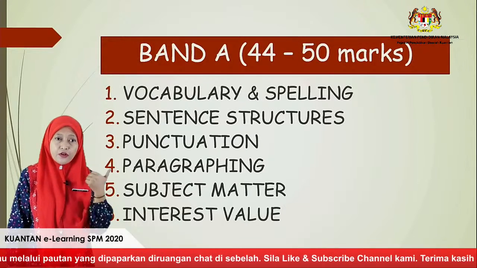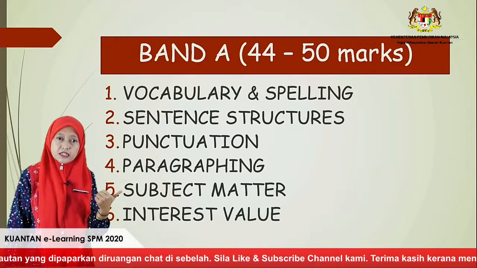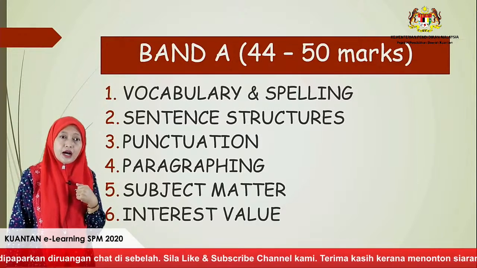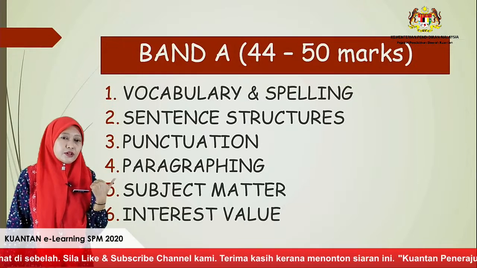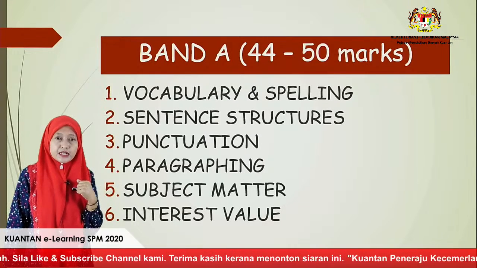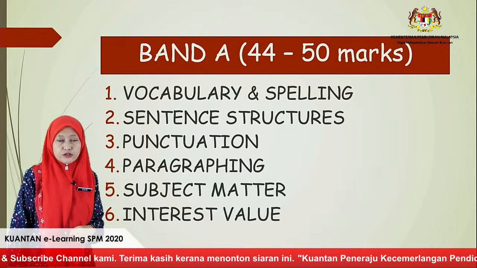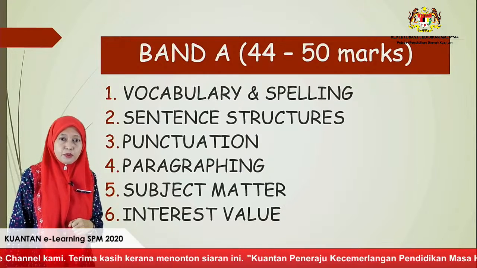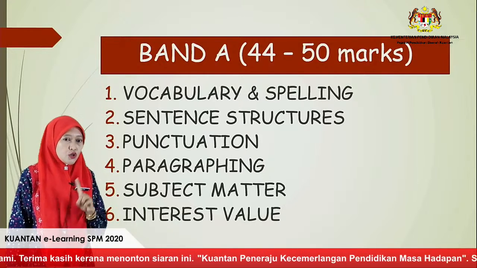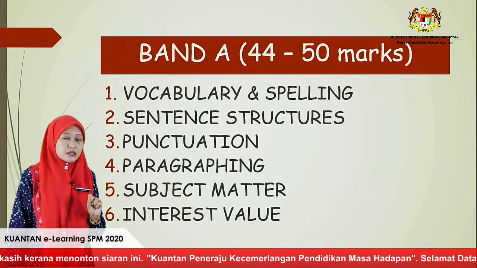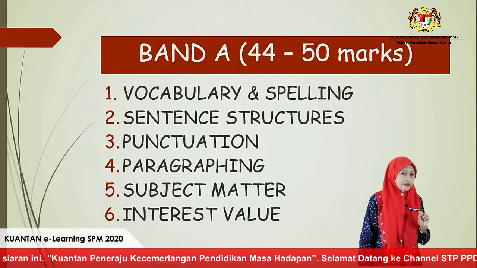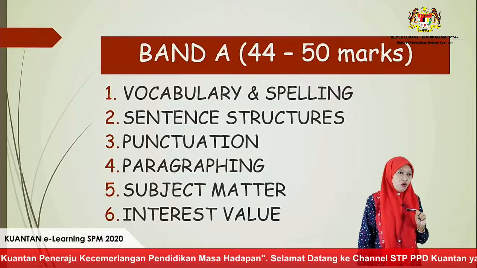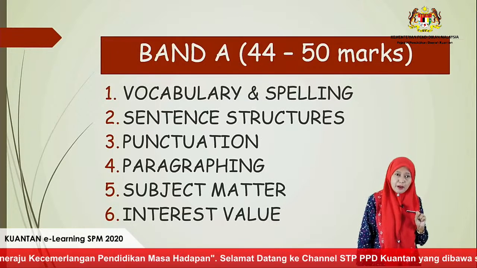First, vocabulary and spelling. Okay, I know that you are very good in vocabulary and spelling, but please make sure you spell it properly. Okay, no influence of texting or IG captions or Twitter in your spelling.